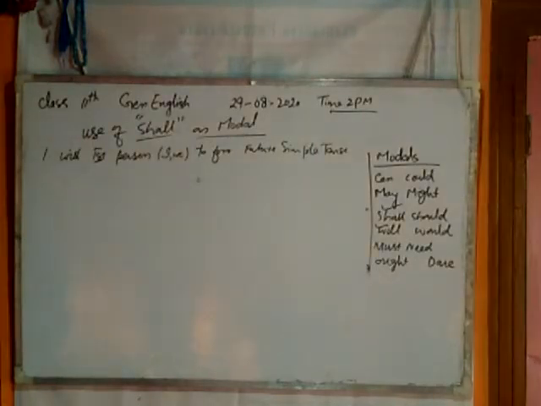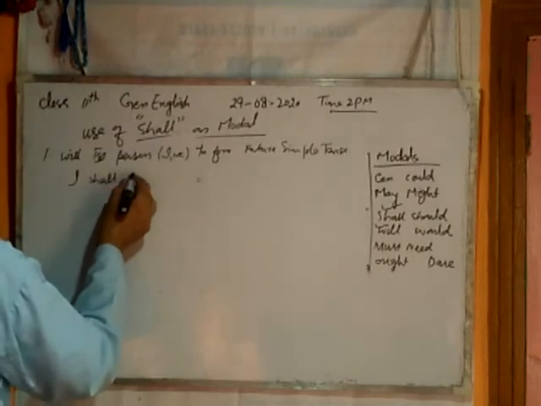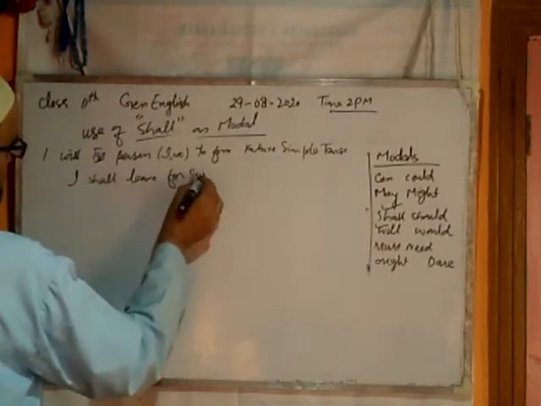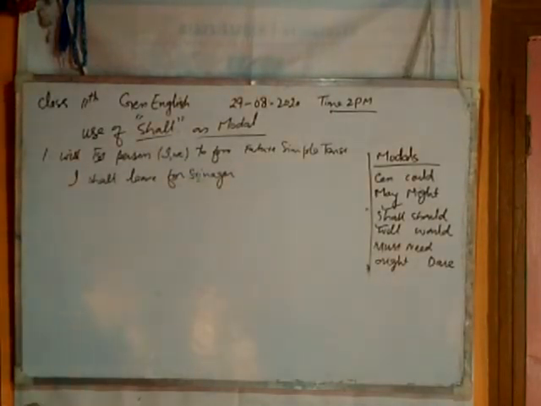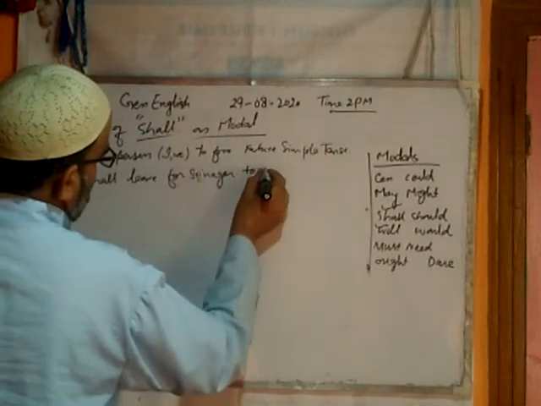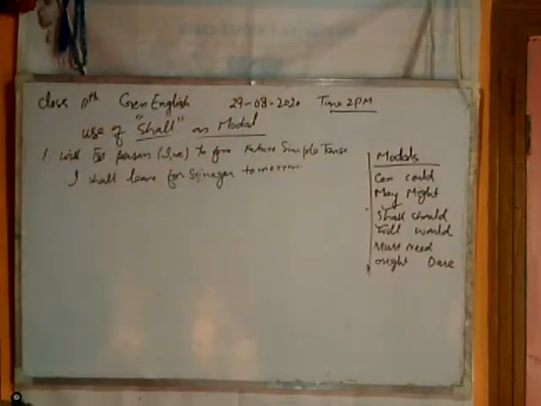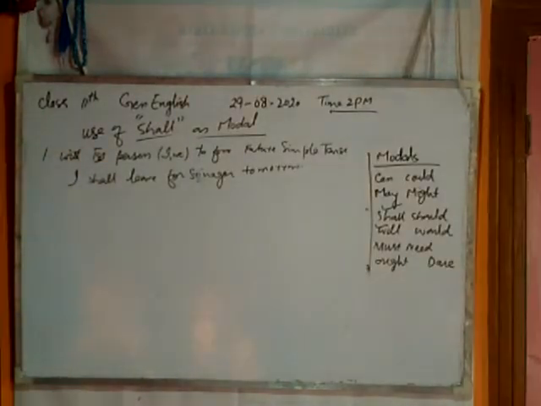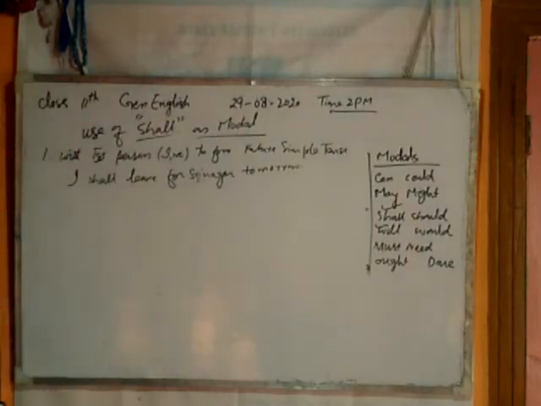Yes, I shall leave for Srinagar tomorrow. यहाँ जो will है इसको हम फर्स्ट पर्सन यानी आई या वी के साथ इस्तेमाल करते हैं फ्यूचर सिंपल टेंस या फ्यूचर इंडेफिनिट टेंस बनाने के लिए.